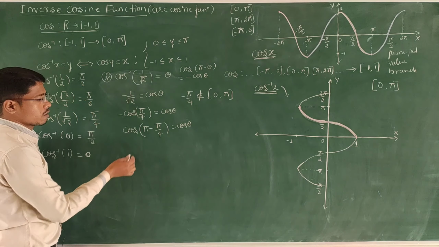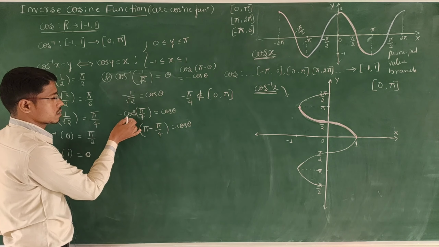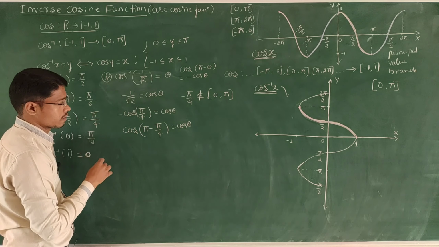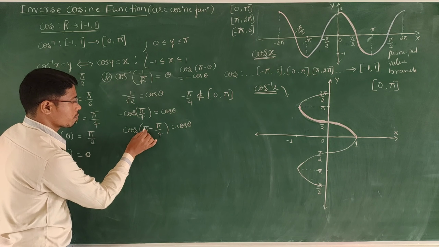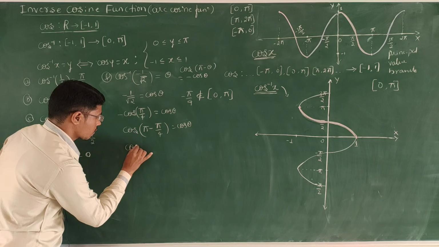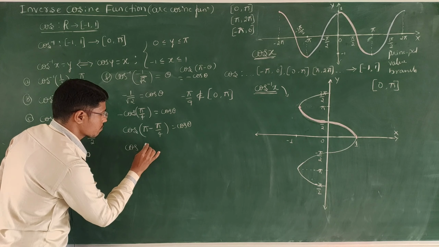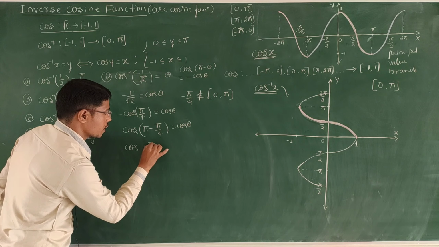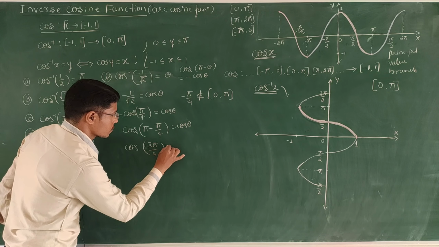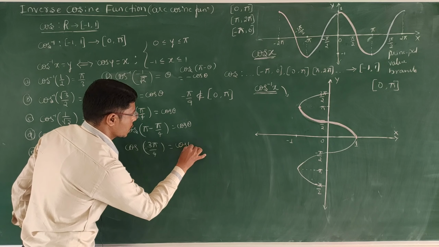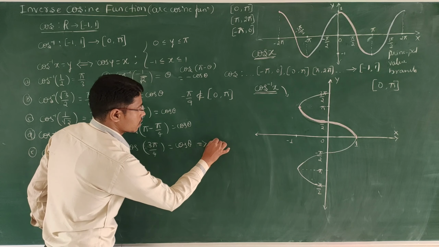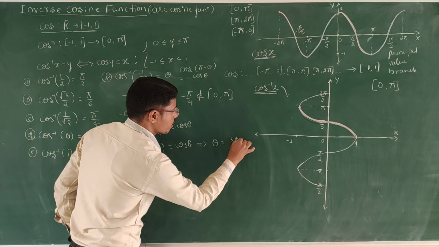See here, cos of 180 minus theta is minus cos theta, right. So now 4 pi minus pi, that is 3 pi divided by 4. So this is equal to cos theta. This implies theta is equal to 3 pi by 4.